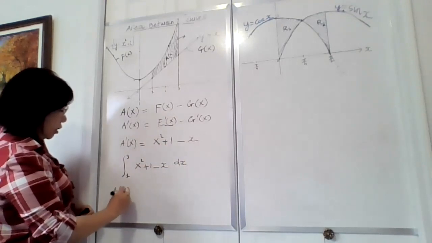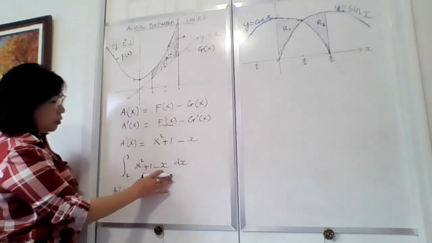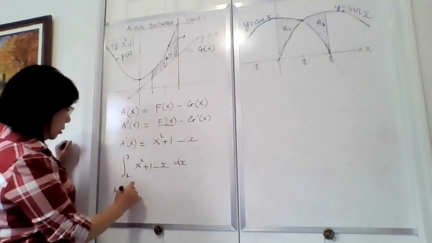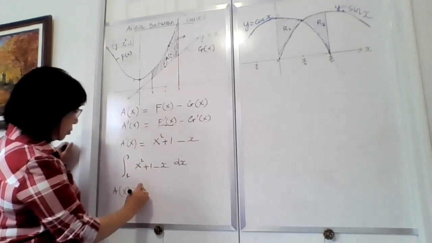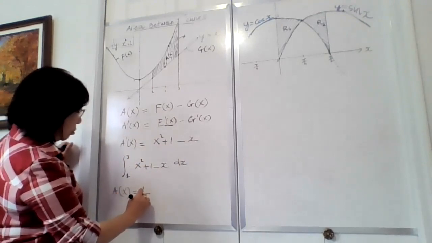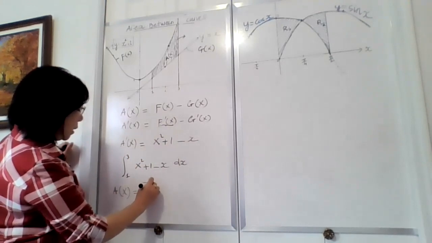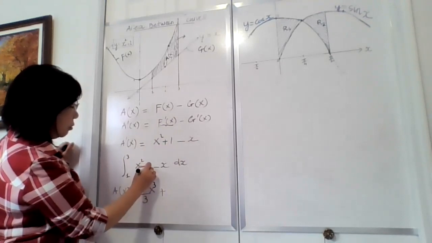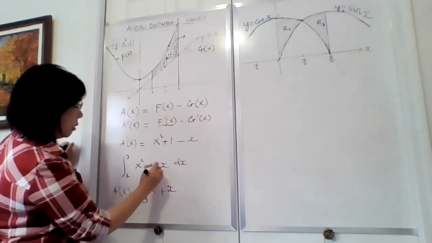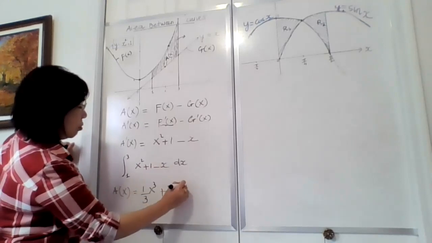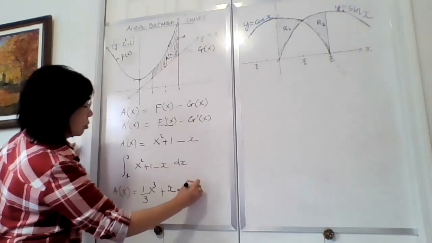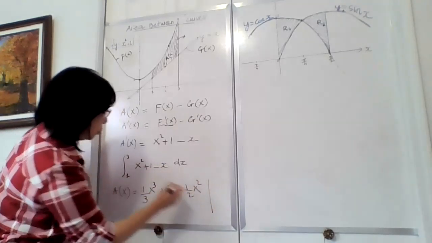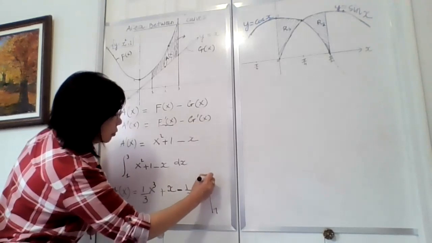And the area function of the result of these two functions subtracted from each other equals 1 over 3 x to the power 3, right? We do the antiderivative. Plus 1 here becomes x, and minus 1 over 2 x squared. So this is the area function, and we're going to evaluate it from 1 to 3.